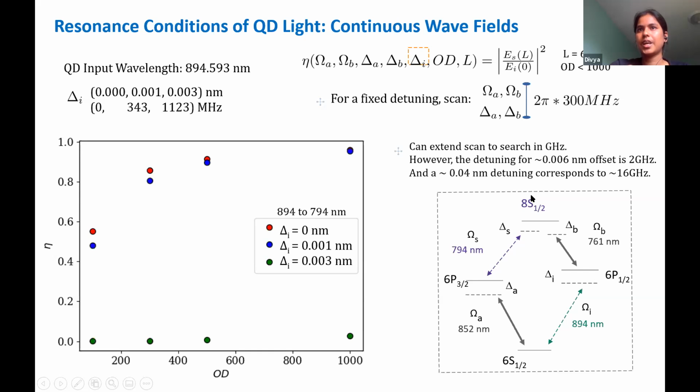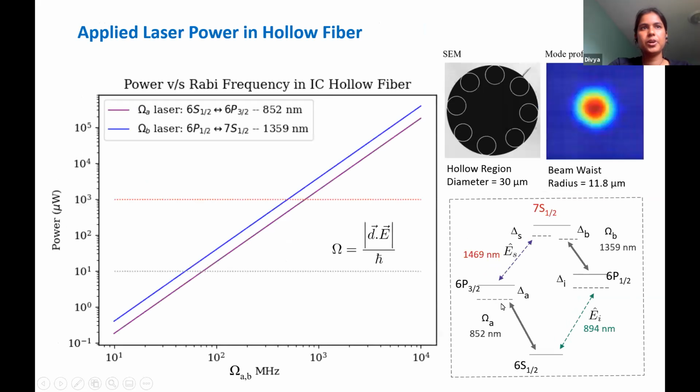So the question arises: can we extend and scan the search in gigahertz? Is it within the permissible limit for omega and omega B, the Rabi frequency? So we perform the simulation and vary the Rabi frequency with respect to the power for this fiber, for 894 to 1469.